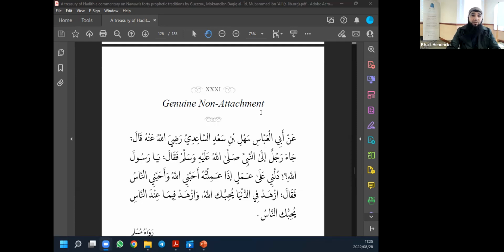But this is obviously speaking about the latter part of Nubuwwah, because generally in the earlier parts of Nubuwwah, they were extremely poor, right? So Rasulullah sallallahu alaihi wasallam would give his wives their provision for a year.